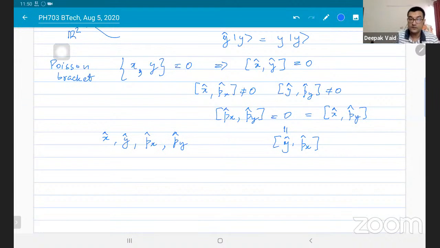So this is your 4. You can call these, quote unquote, elementary operators. We will build all the other operators out of these.